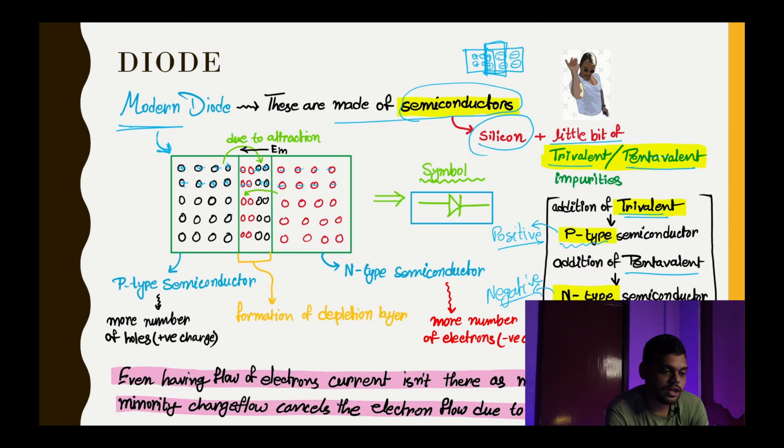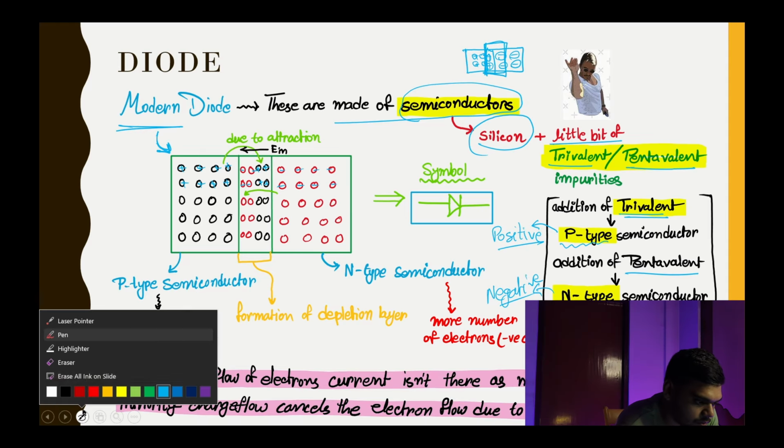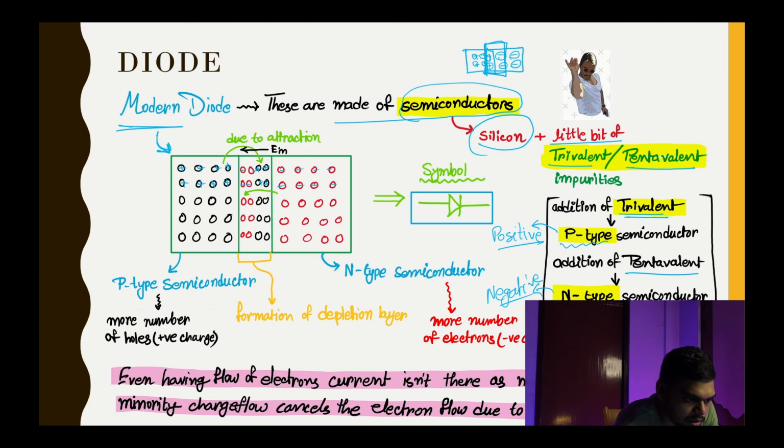Obviously there will be an attraction, and due to that attraction, the positive charges, wait, let me change the color. Okay, the positive charges will be shifted towards the negative charge, and the negative charges will be shifted towards the positive charge. So there will be an interchange in the junction, and it is known as the depletion layer.